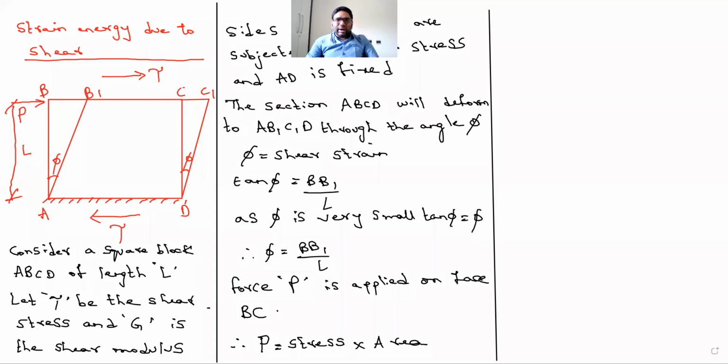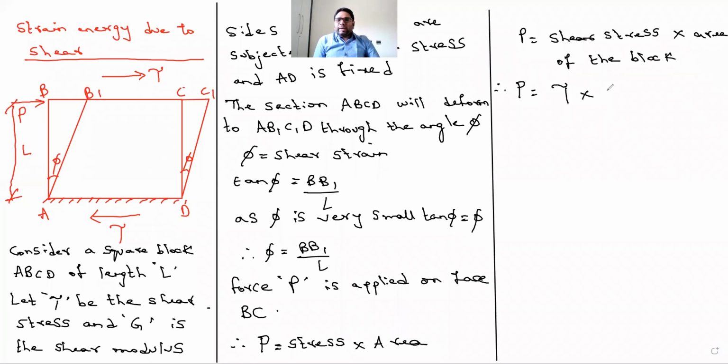Let us substitute. P is equal to shear stress multiplied by area of the block. So P is equal to tau, and area of the block is BC into L. We don't know what BC is, so let us name it BC only. So P is equal to tau times BC into L.